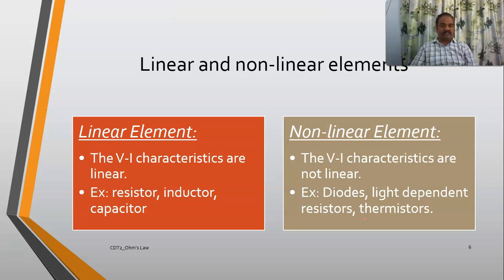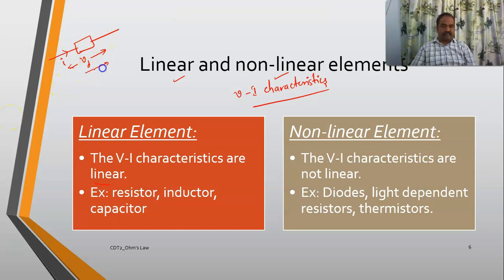The first classification is linear and non-linear elements. What do we mean by linear and non-linear elements? It is defined by the VI characteristics. Let us suppose there is an element and I am applying some voltage across it. Automatically, when a voltage is applied across it, there will be a current in the circuit.